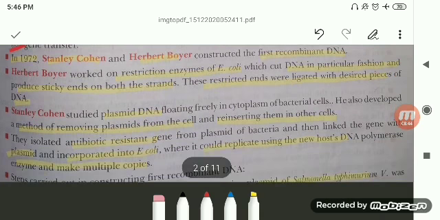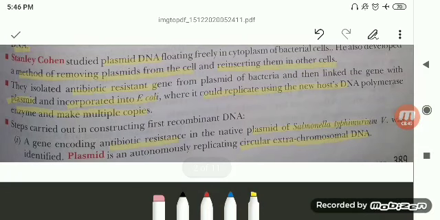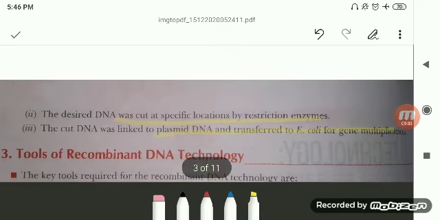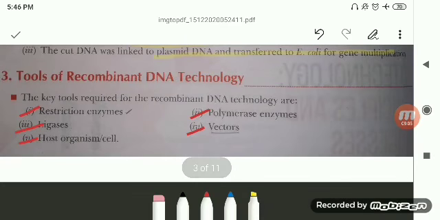The native plasmid was of Salmonella typhi, which causes typhoid. This is the first bacterium that was used. What are plasmids? They are extra chromosomal circular DNA present in prokaryotes. The tools of recombinant DNA technology we will discuss one by one in our next session.